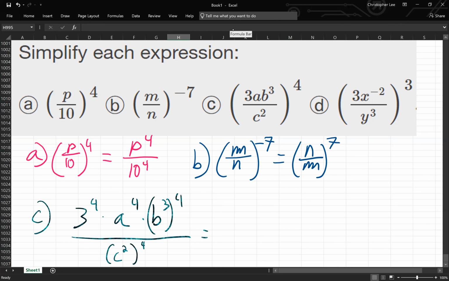Put this all together. 3 times 3 is 9, 27, times 3 is 81. 81 a to the 4, b to the 12, over c to the 8. Questions on that?